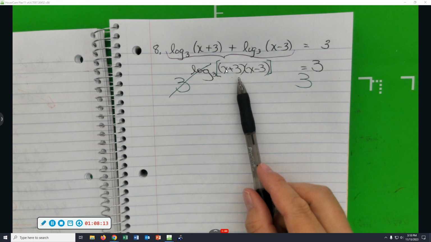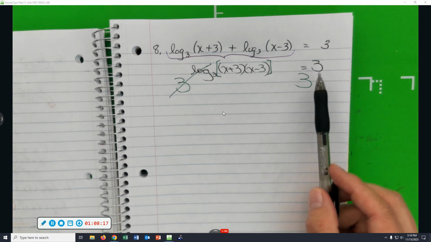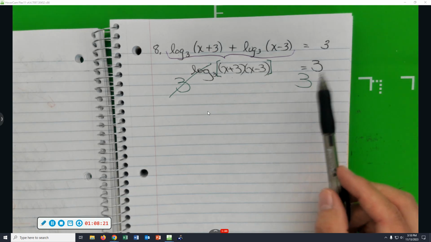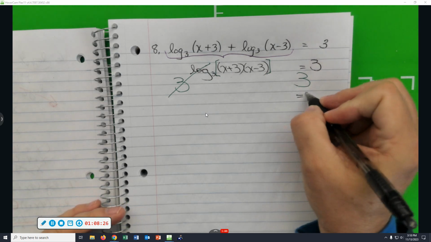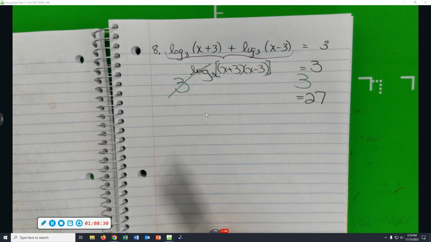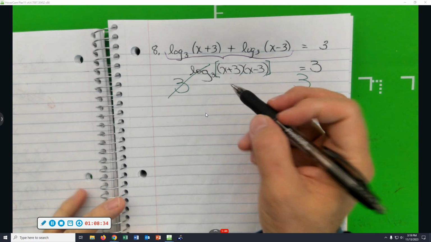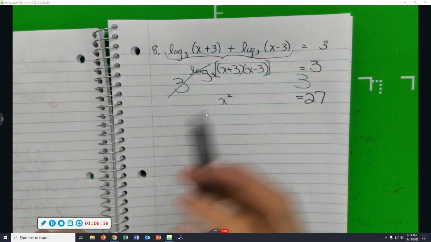We're going to have to FOIL out the x plus 3 times the x minus 3. It looks funny, but it's saying 3 cubed. 3 times 3 times 3 is 27 on the right-hand side. I said we'd FOIL this one out first. X times x is x squared.